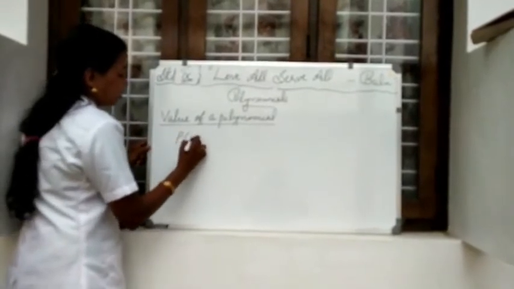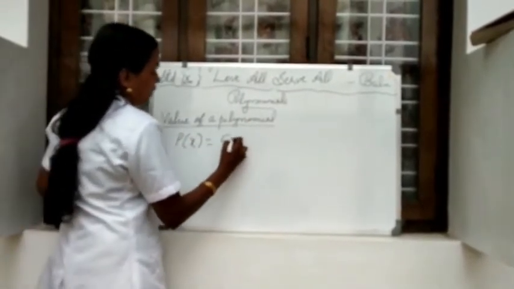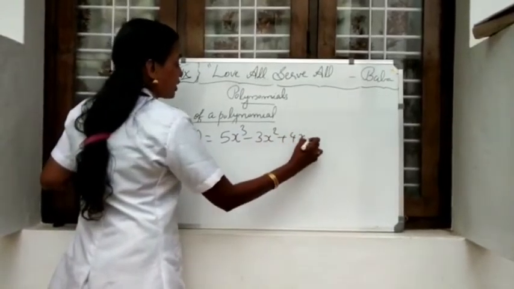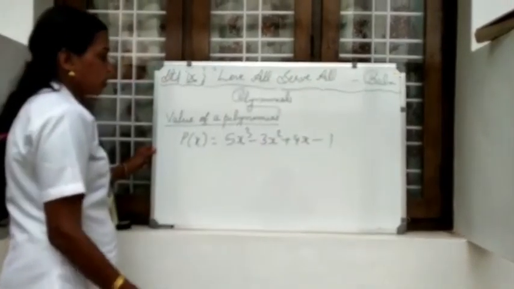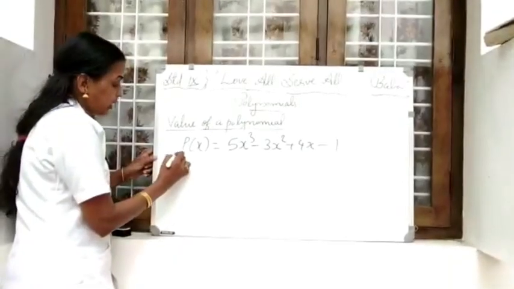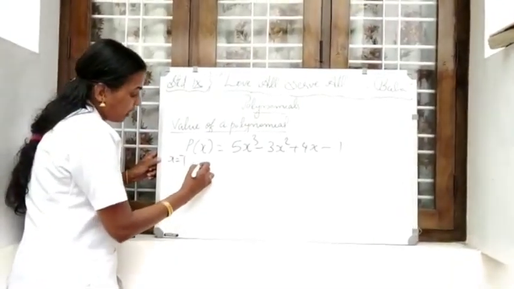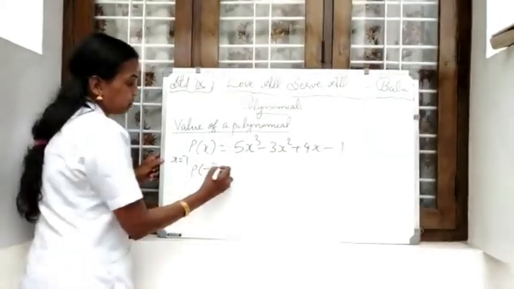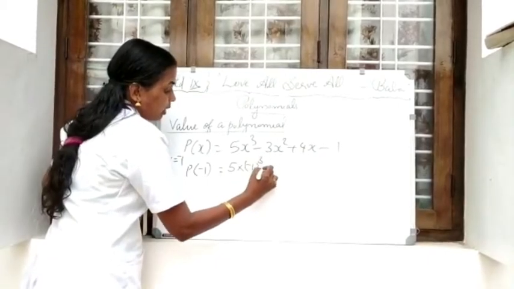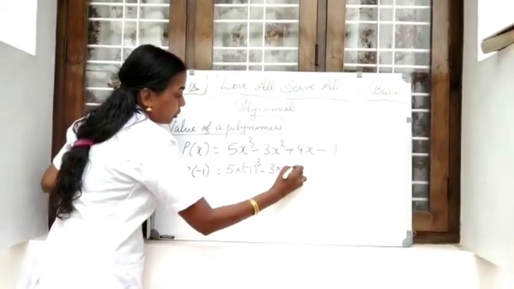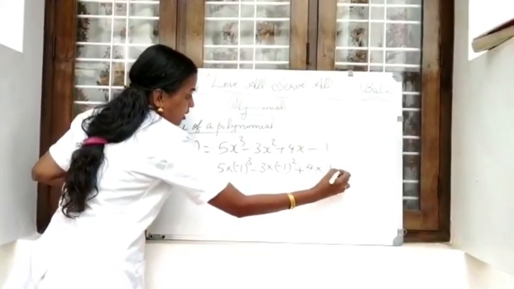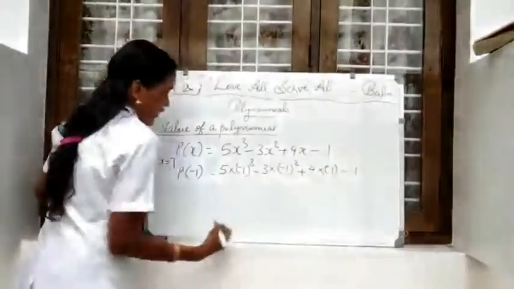P of x equal to 5x cube minus 3x square plus 4x minus 1. Suppose we have to find the value of p of x at x equal to negative 1. Then p of negative 1 equal to 5 into negative 1 whole cube minus 3 into negative 1 whole square plus 4 into negative 1 minus 1.